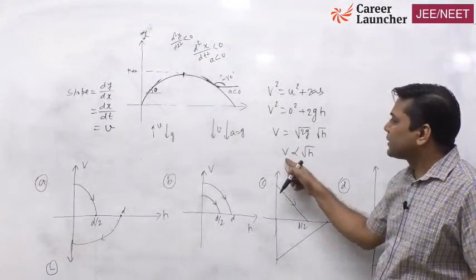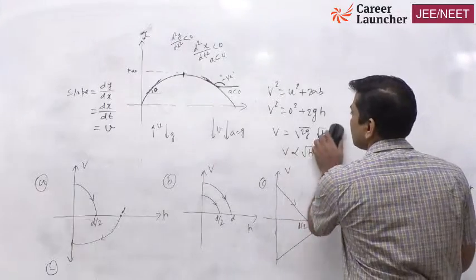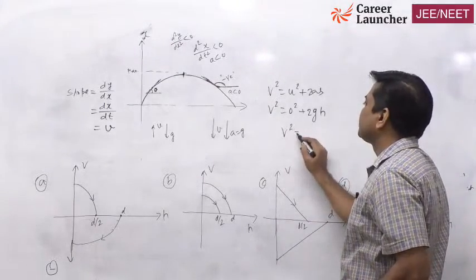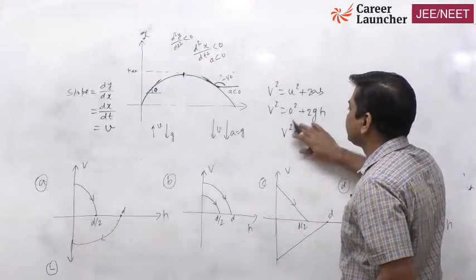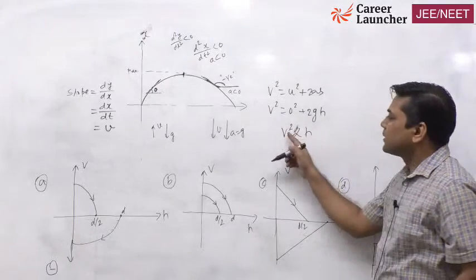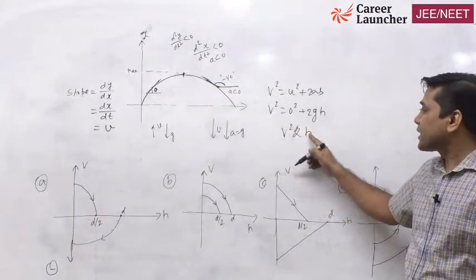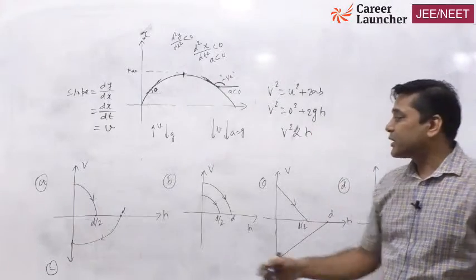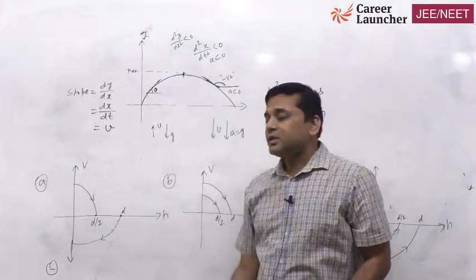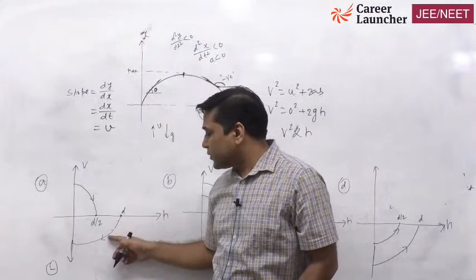Or you can say v square is proportional to h. One parameter is squared and the other has only power 1, so it's a parabolic graph. So from d, it goes in this way.